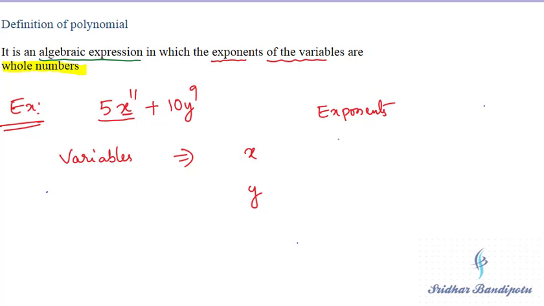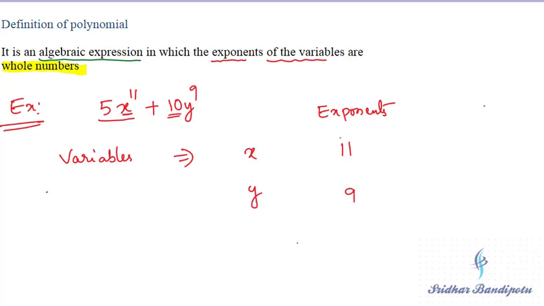So here we can write 11 is the exponent of the variable x. Now, if you see the second term, 10 into y to the power of 9, 10 is the coefficient of y to the power of 9, y is base, 9 is exponent of variable y. So this is 9.